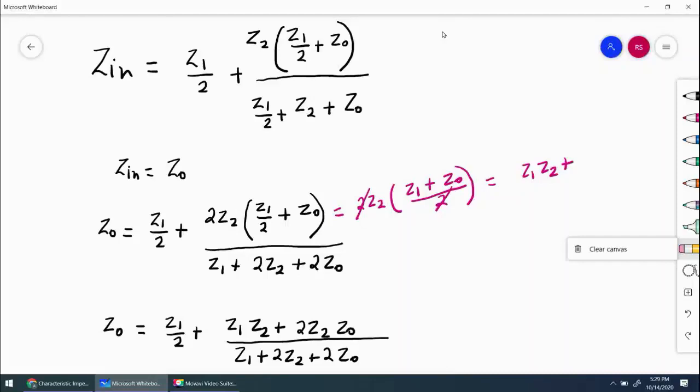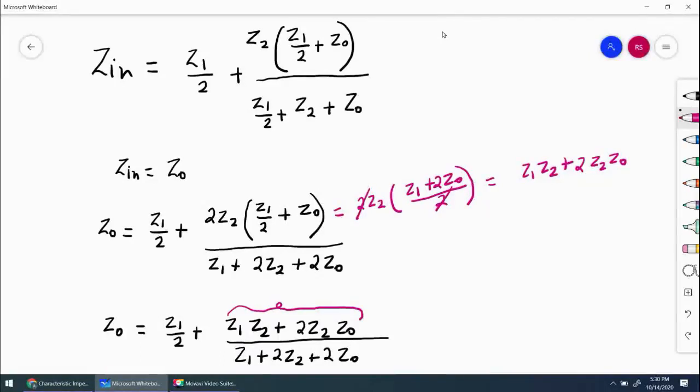So this is Z1 by 2 plus Z1Z2 plus 2Z2Z0, and that is what we get over here.